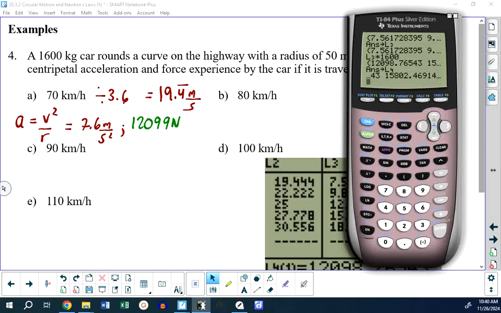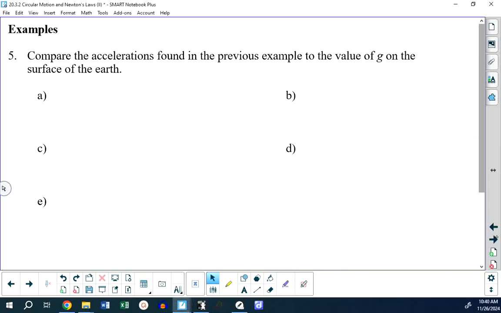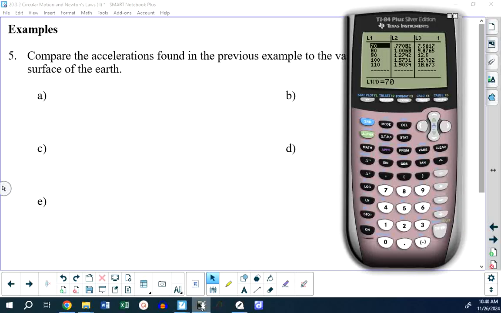I could take L3 and divide by 9.81 and maybe store it. You know what? At this point in time, everybody, if you want, you can store it as L2. We're done with L2, aren't we? The reason why I'm suggesting that we do that is when I do that and go to my lists, I can see the answers to this question right next to the speeds.